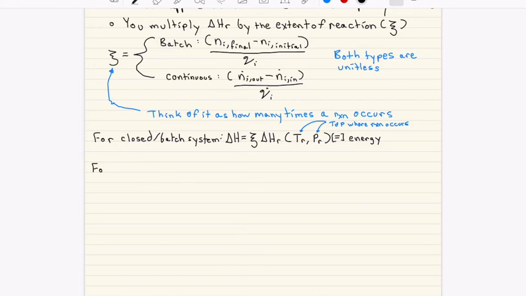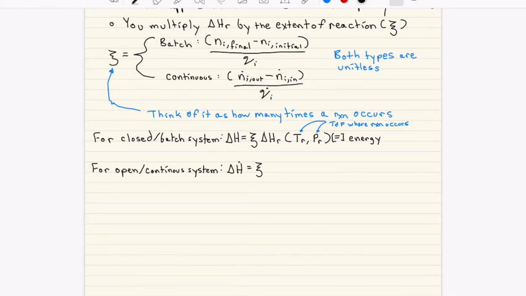Now, if we have an open or continuous system and we want to calculate the enthalpy change, we're going to do basically the same thing, but mathematically it's going to look a little bit different. For an open or continuous system, we look at the rate of enthalpy change, so delta H dot.